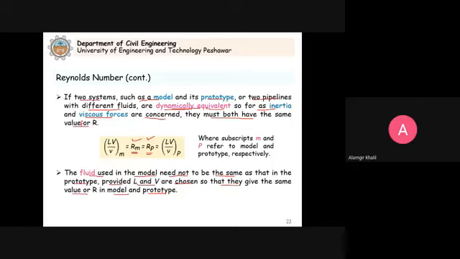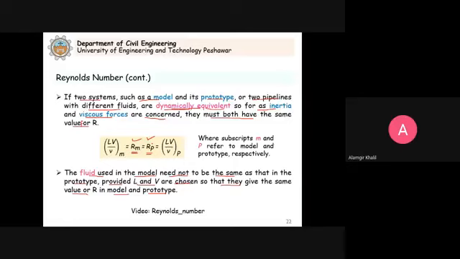The fluids that we use for the model may not be the same as in the prototype. This Reynolds number needs to be the same in the model and the prototype, in which case we can say that the two systems are dynamically equivalent and we can transfer the results between the two. When we solve the problem, you will see how we transfer the results.